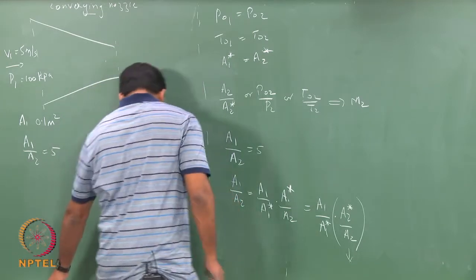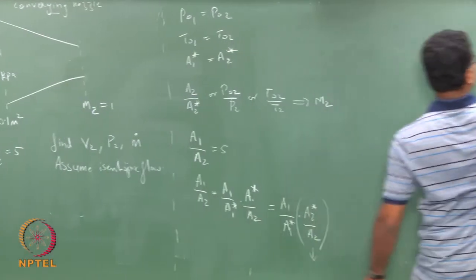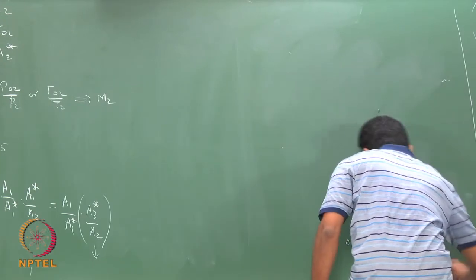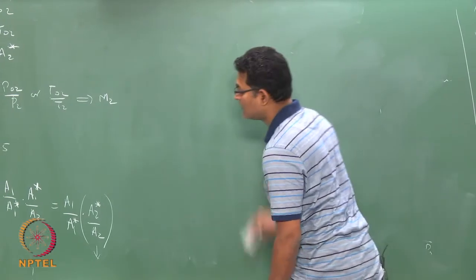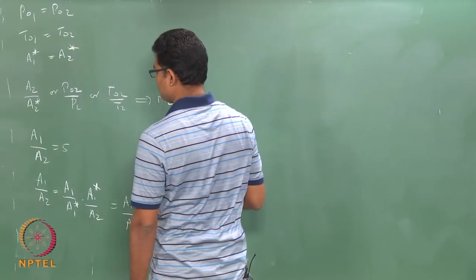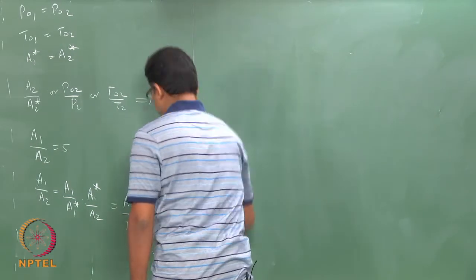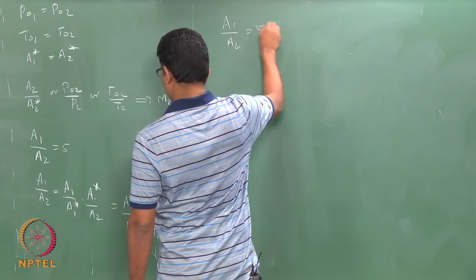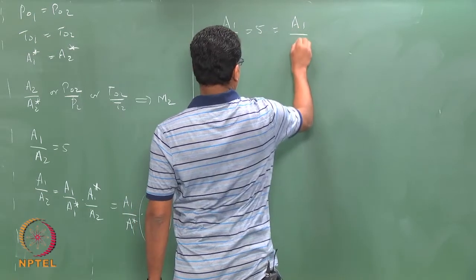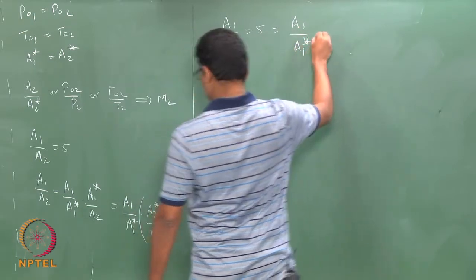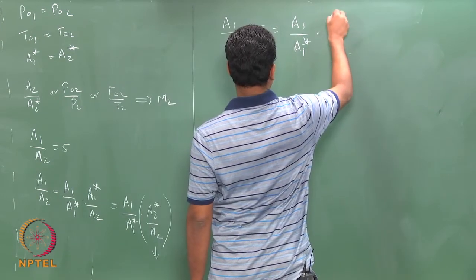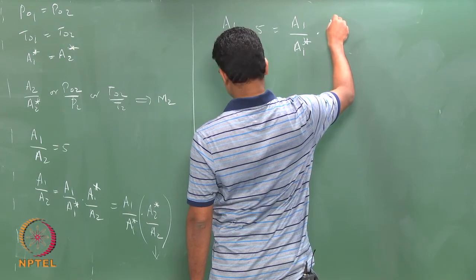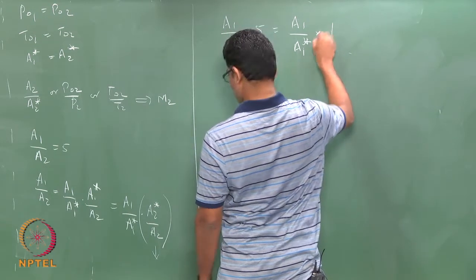So, I would go further. My A1 by A2 is 5 equals A1 by A1 star into 1, correct.